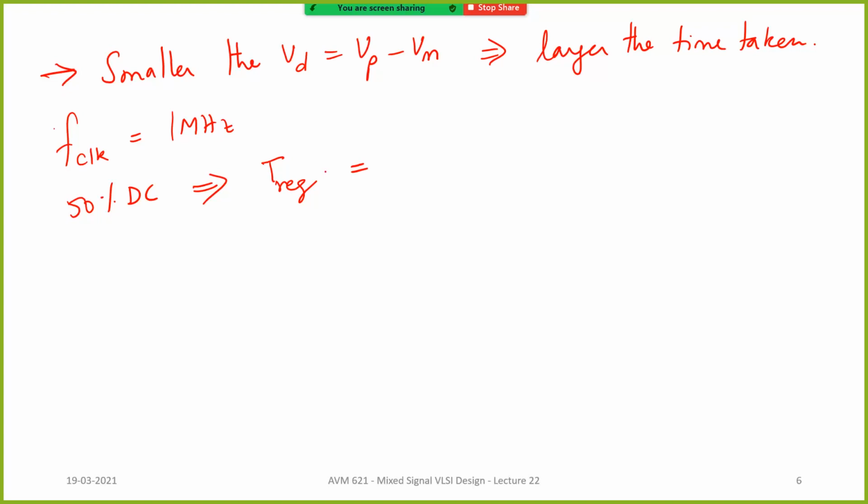So 1 megahertz means the time period is 1 microsecond, 10 power minus 6. Half of that is 0.5 microsecond. In other words, what we are telling is, I can wait only for half a microsecond. If you can amplify this voltage to something close to the supply rails, I am happy.